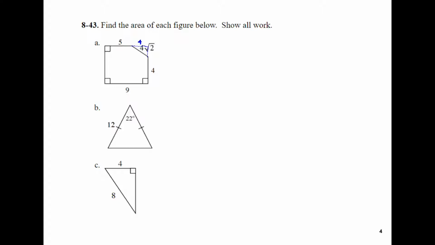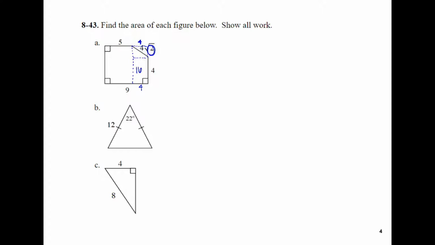But then we don't have enough information to determine what this piece is. So back to the drawing board, can we create some other shapes in order to find the area of our figure? Knowing that 9 minus 5 is 4, we can say the area of this piece is 16 units squared.